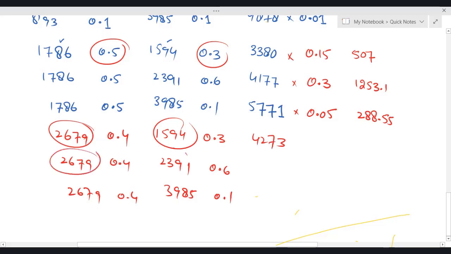Now add these two. 2679 plus 2391, I'm getting 5070. That's great. 2679 plus 3985 gives 6664.